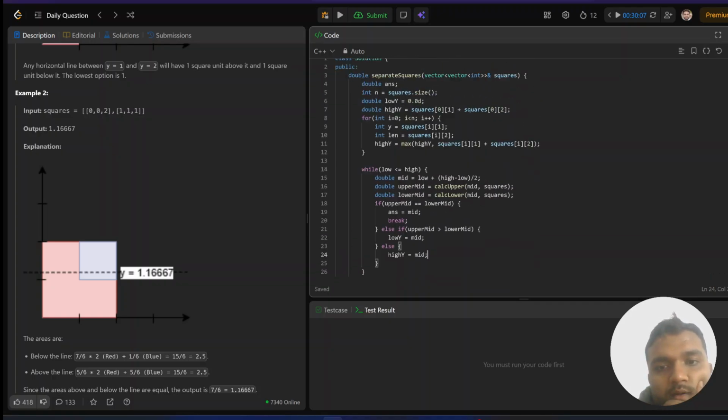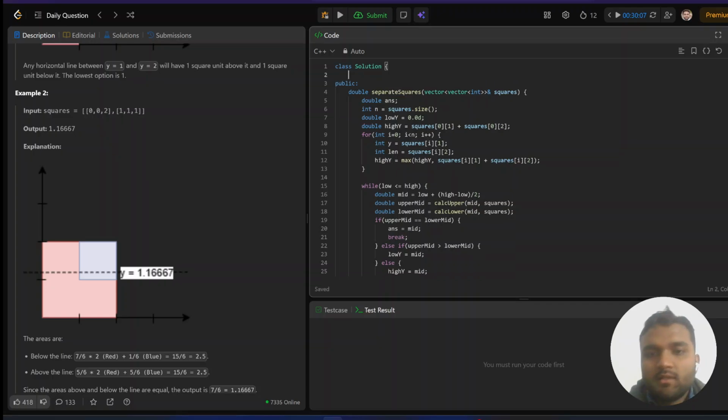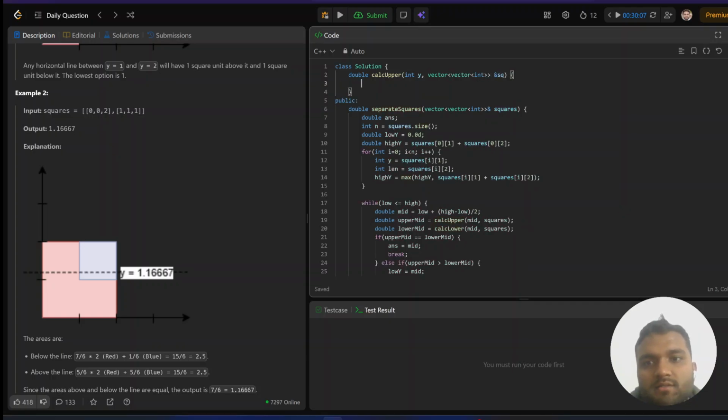Now the one part that is still not solved is this function that will calculate the area. Should not be too hard. Let me first try to implement upper. We have a y coordinate and this vector of squares array.